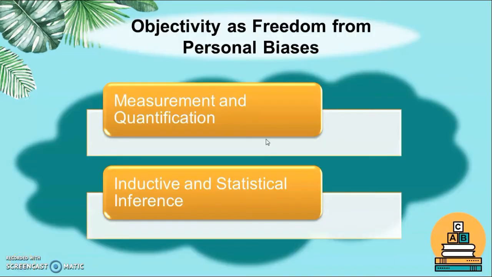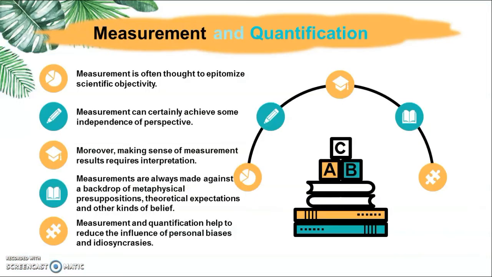Objectivity as freedom from personal biases consists of two parts: measurement and quantification, and inductive and statistical inference. I will proceed to the first part, which is measurement and quantification.